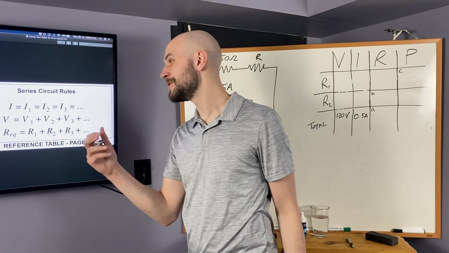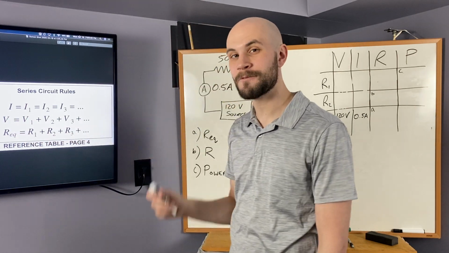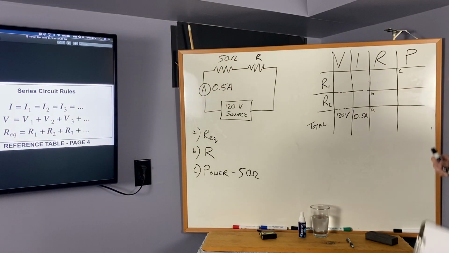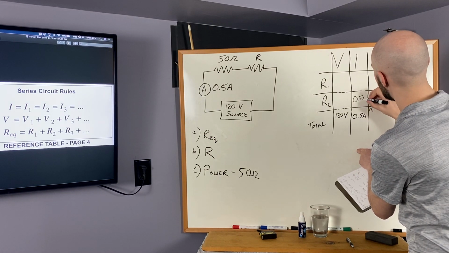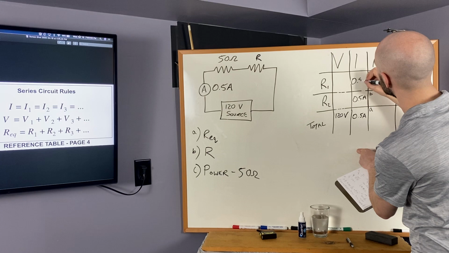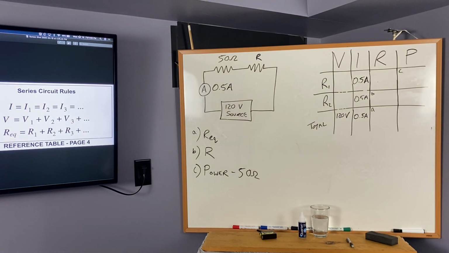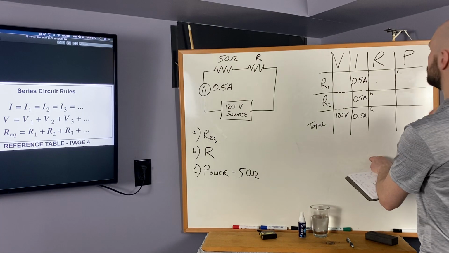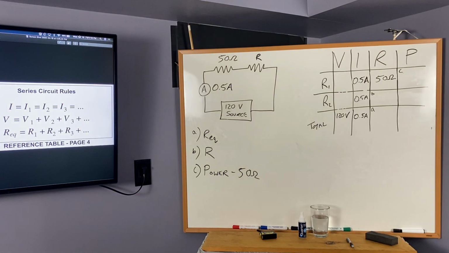And we also know for a series circuit, if we know the current somewhere, we know the current everywhere. So if I know the total current, I know the current through resistor 2 and the current through resistor 1. Fill those in. We also know R1 is 50 ohms. You see anything else? I don't.